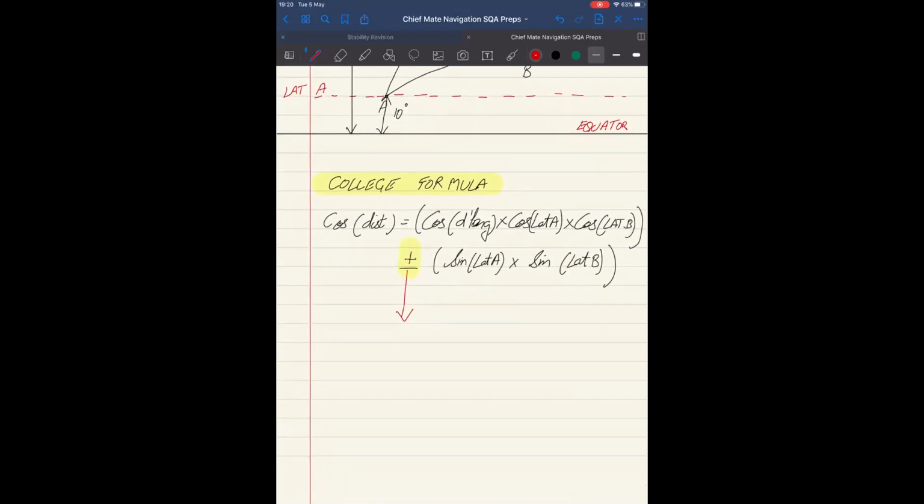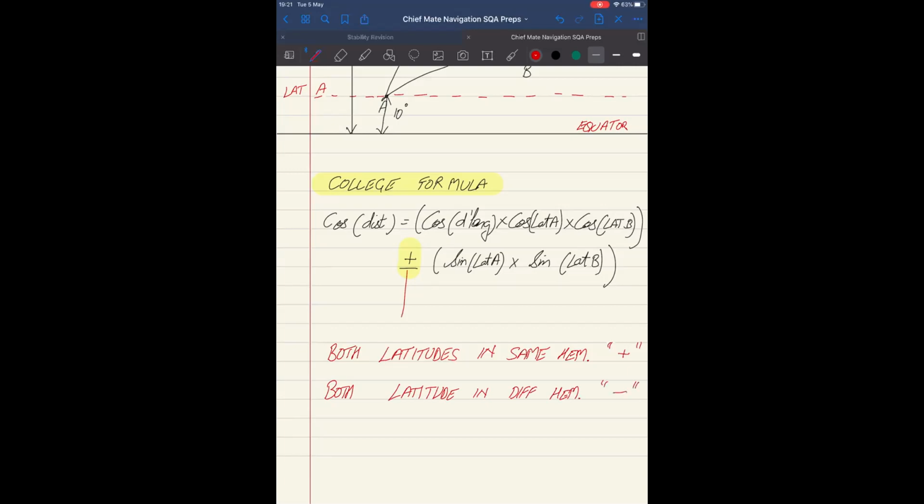If both your latitudes are in the same hemisphere, we use plus, and if both latitudes are in different hemispheres, we use minus.